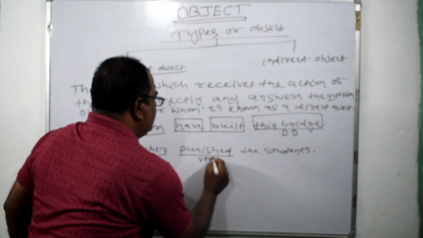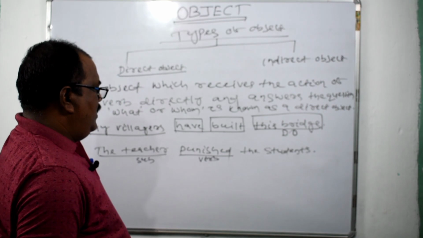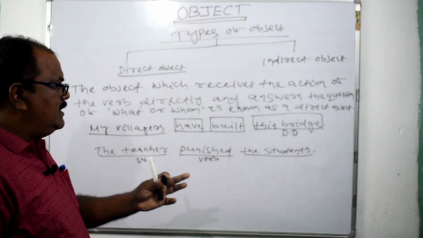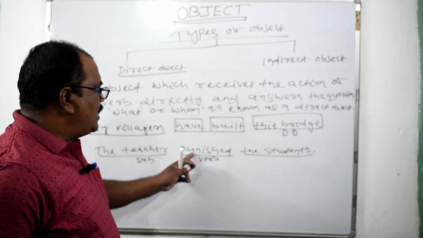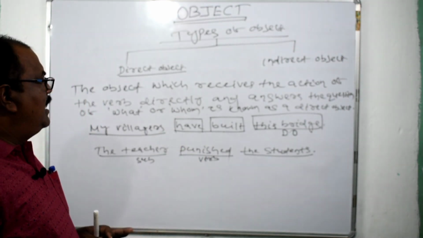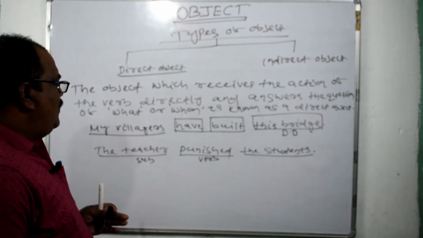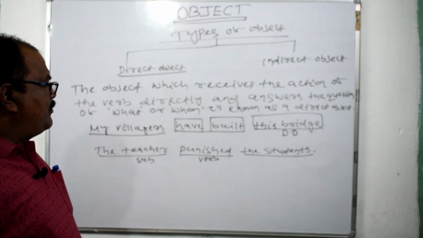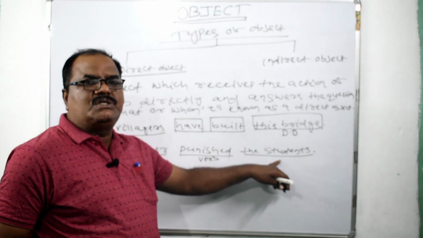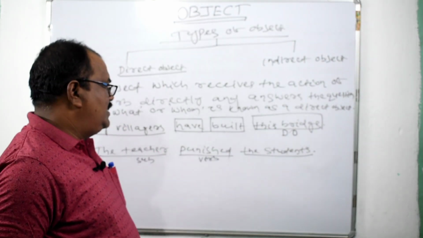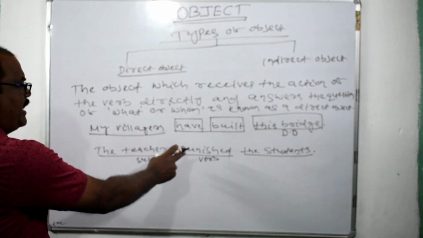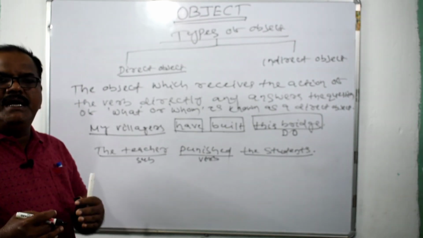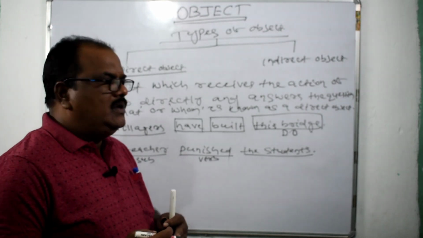So punished is the verb. The students is the part of the sentence that receives the action of the verb punished directly. And in another way, we can prove that this part of the sentence is known as the direct object. Whom did the teacher punish? The teacher punished the students.